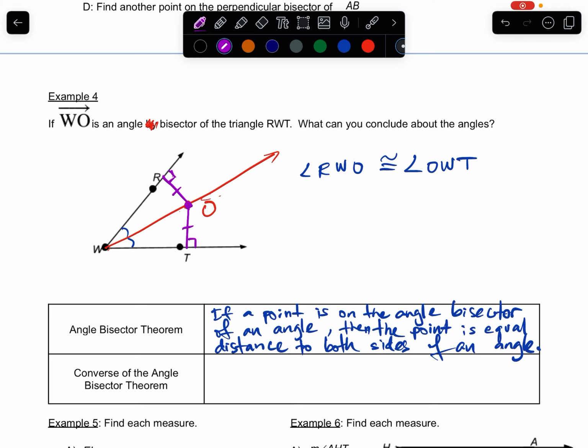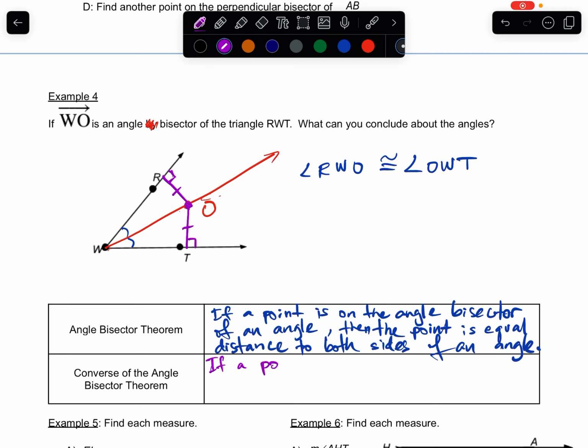Now the converse is obviously you switch P and Q. So this time you're going to say if a point is equidistant to both sides of an angle, then the point is on the angle bisector.